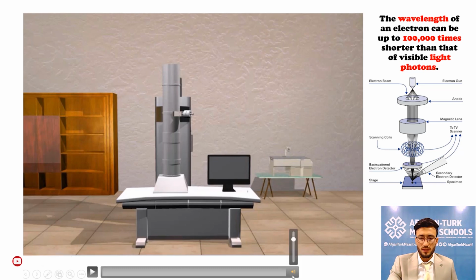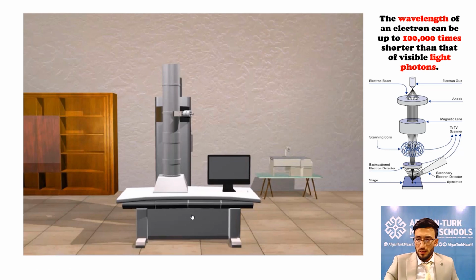To understand the function of the electron microscope, we can see a video example. Before starting the video, I will show you how electrons are produced, how they pass through different parts of the electron microscope, and how they reach the specimen or the sample that we put on the stage.